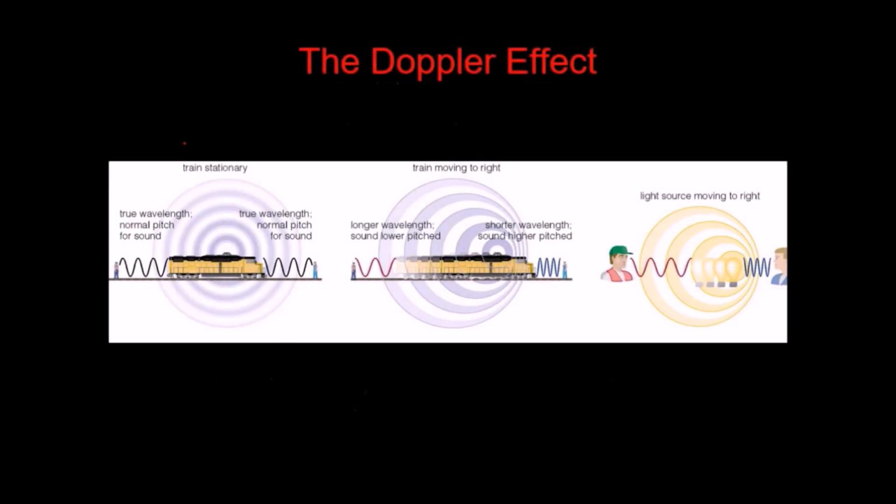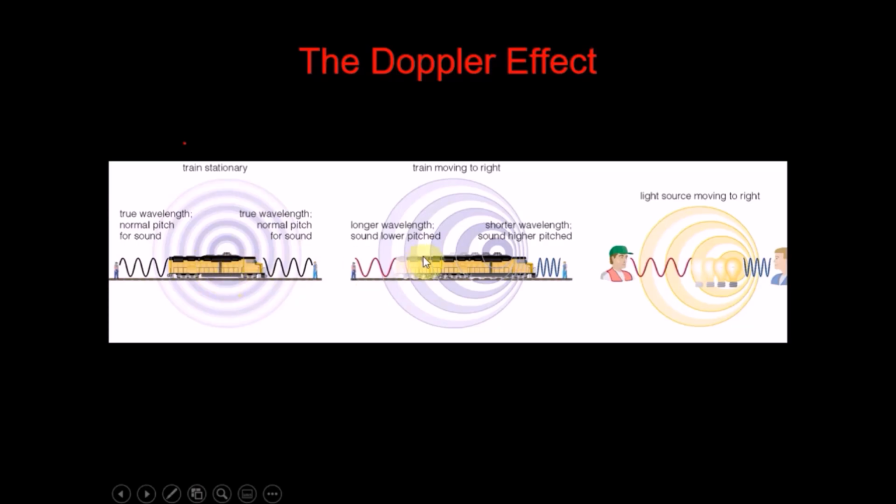So in terms of the Doppler effect, and once again, please don't go and stand on a train track in order to see this effect. If we have a train standing still here and two people, one standing here and one standing here, both of them will register the same pitch sound from this train.